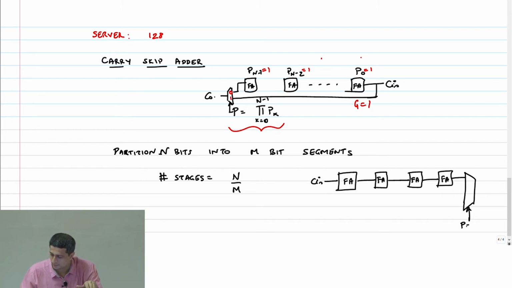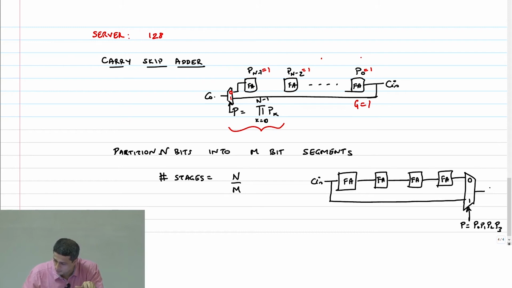So this P is simply going to be P0, P1, P2, P3. I select for the mux, and if it's in propagate mode, I'm going to create this. This is C out.